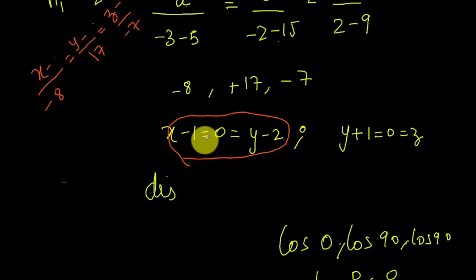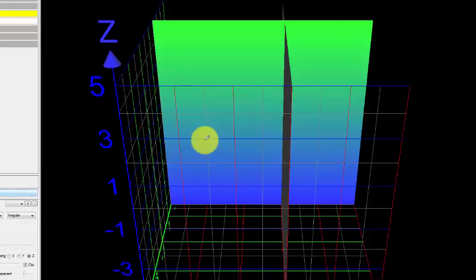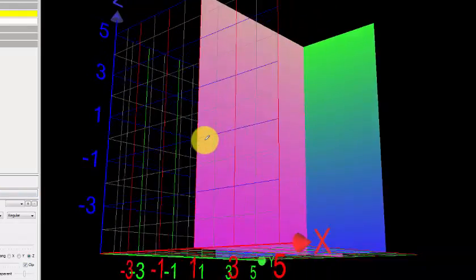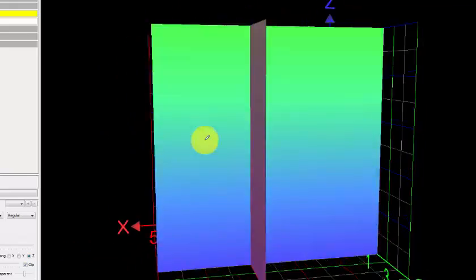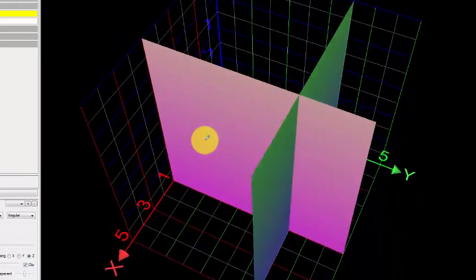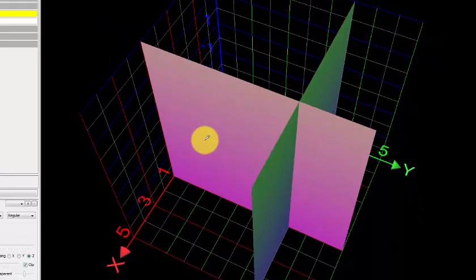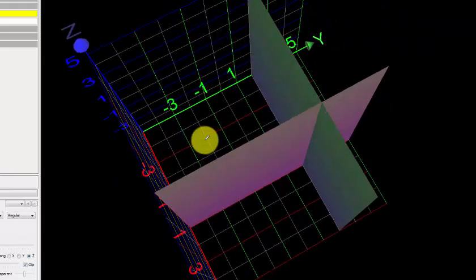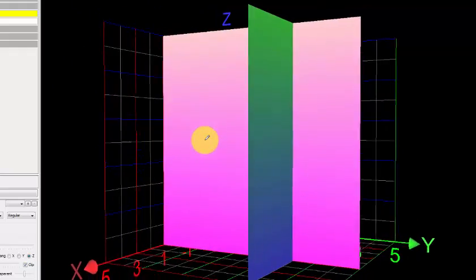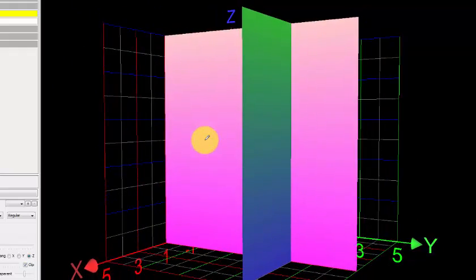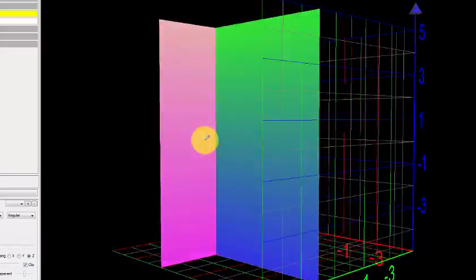So let me go back. X equal to 1, y equal to 2. Now when I see these equations, this is the x-axis, the one here, and then the y-axis, and then the z-axis. So you see, they both are planes perpendicular. One is perpendicular to the zy plane, and the other one is perpendicular to the zx plane, isn't it? So that's the plane for me.